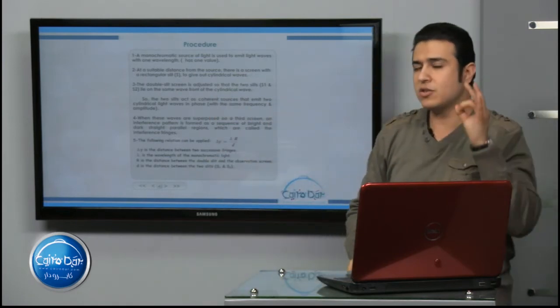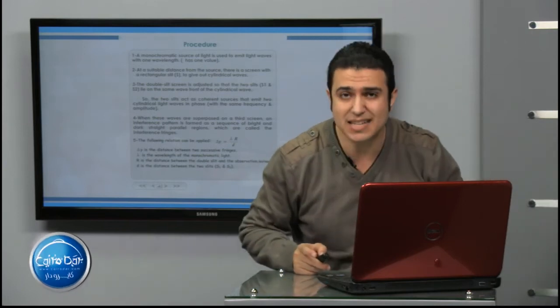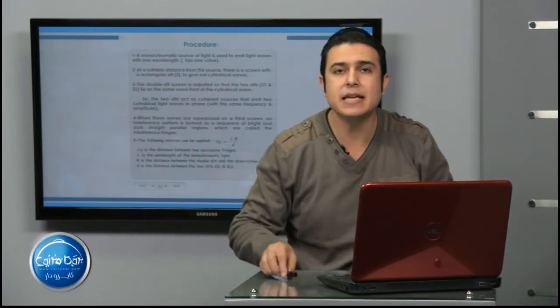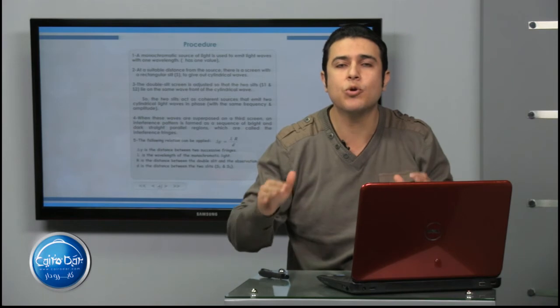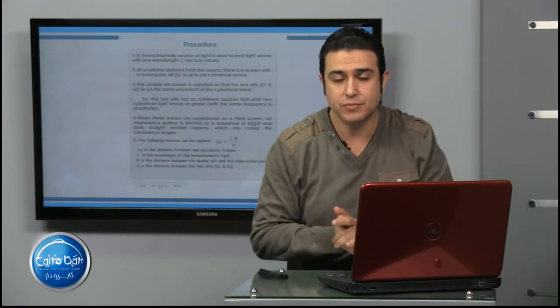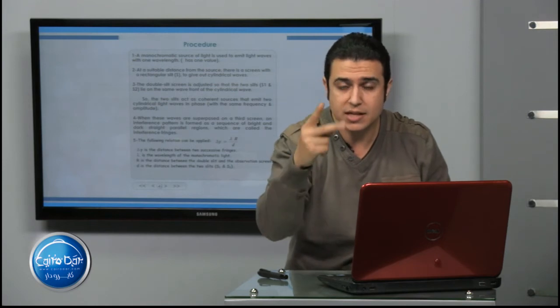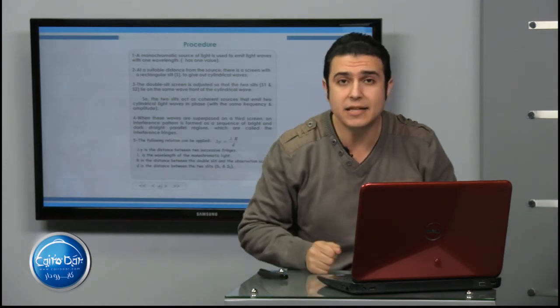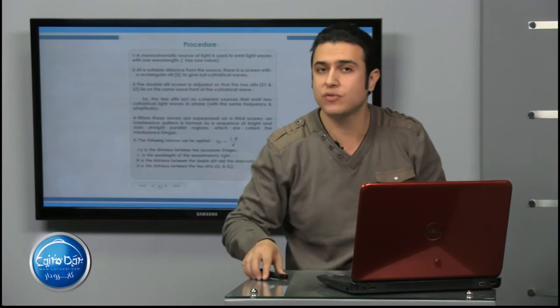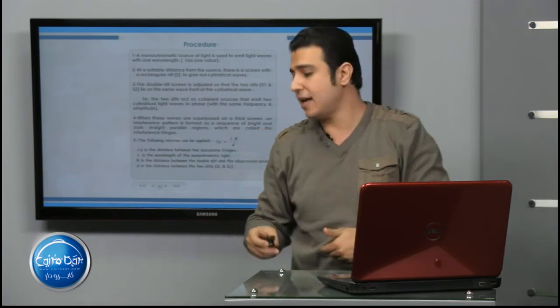The function of the two slits in the double slit screen is that they act as two coherent sources of light that give cylindrical waves.